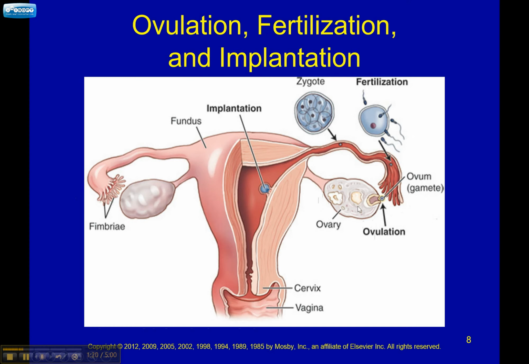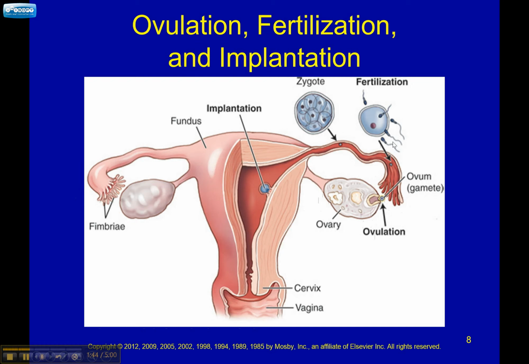An ovule is produced in the ovary. When it's mature, it's released from a sac in the ovary, and that's during ovulation. These tiny hairs called the fimbriae of the fallopian tube sort of grab that little microscopic egg, and it starts to travel down the fallopian tube to make its way down to the uterus.